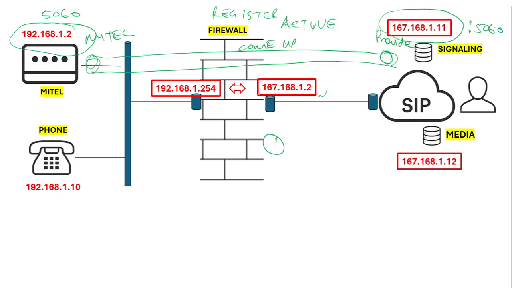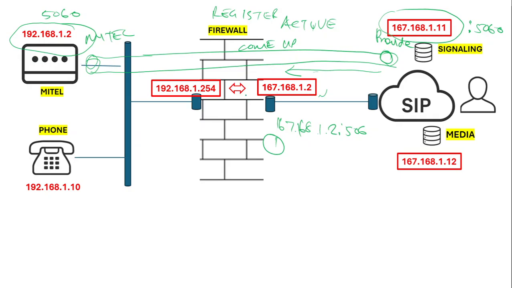And then we have to make sure that we do port forwarding for inbound traffic, because our SIP provider is going to ask to peer with this IP address 167.168.1.2 port 5060.